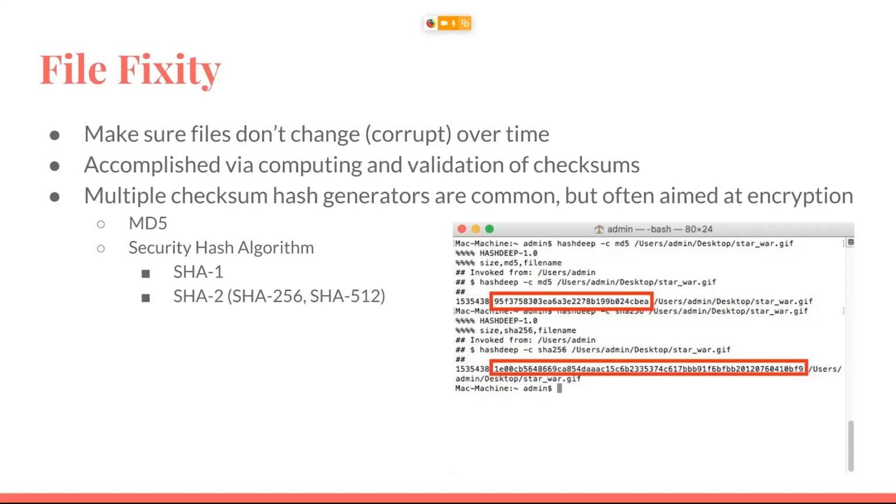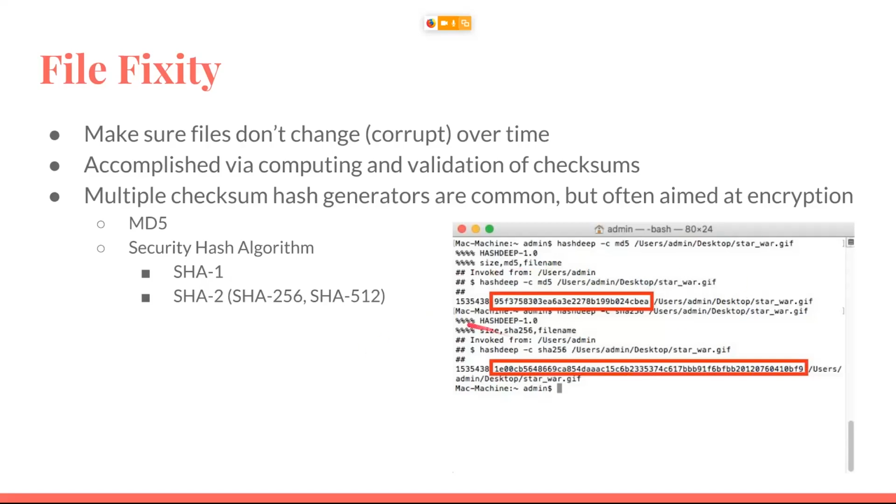But just to throw out some terms that you will see if you look into this process any more, these are just names of those kinds of encryption algorithms that we've borrowed in the digital preservation world. You will see MD5 a lot. You will see the security hash algorithm. All these SHA checksum generators are all just sort of variations on the same algorithm for various complexity.